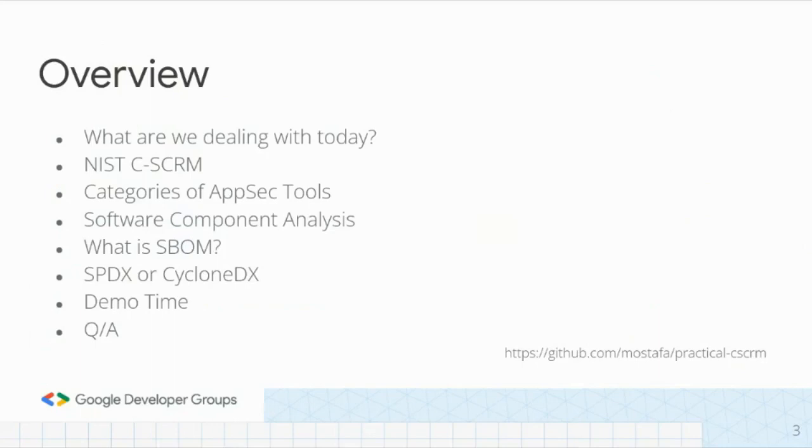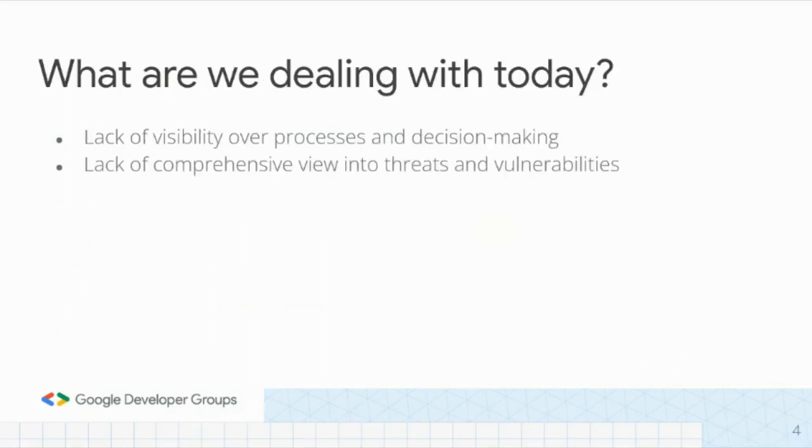Two different standards, SPDX or CycloneDX. So these are two standards of SBOM. And also I'll give you a demo, and after that, Q&A. In between, there's also another demo, where I will show you a few different things before continuing my presentation.